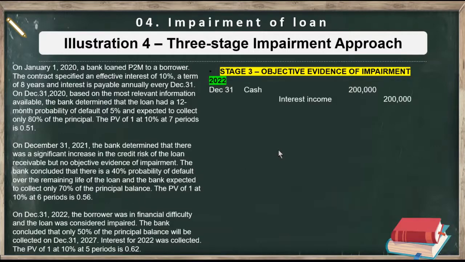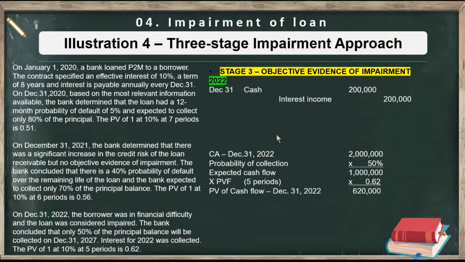So the entry, again, we will record the interest income, so debit cash, because according here, the interest was collected, and credit interest income. So to get the present value of the cash flow on December 31, we'll start again with the face amount, original principal of 2 million.